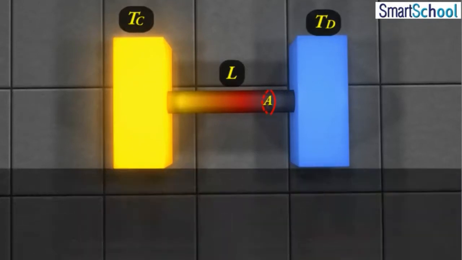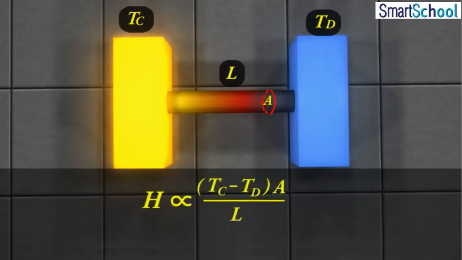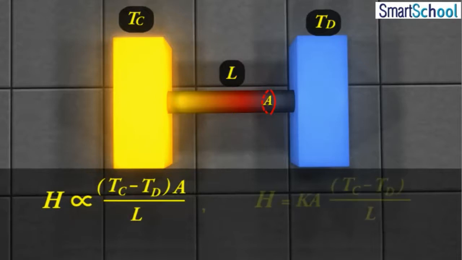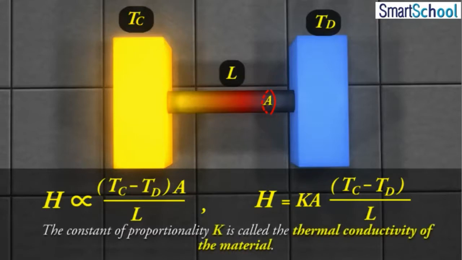It can be shown experimentally that the rate of flow of heat H is proportional to the temperature difference and area of cross-section and is inversely proportional to length L. Mathematically, H equals K into A into (Tc minus Td) divided by L. The constant of proportionality, K, is called the thermal conductivity of the material.